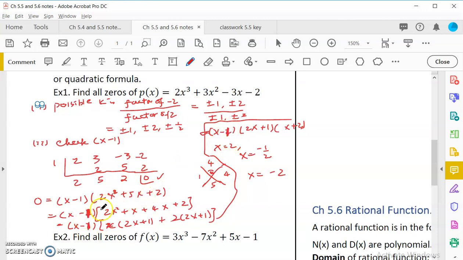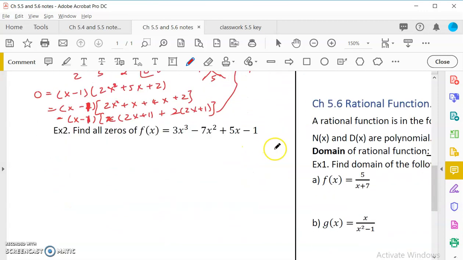The first one I checked is 1, so x minus 1 is a factor. If I didn't check this, I could check -1, which would not work. But if I check -2, it would work. If I check -1/2, it works. So this list is actually pretty good, but not all of them work. So that's how I solve it.